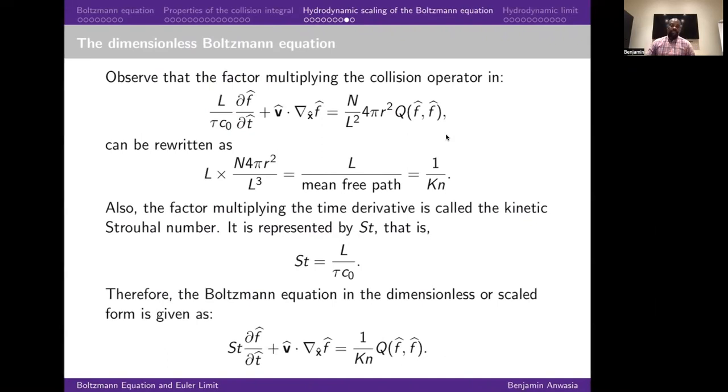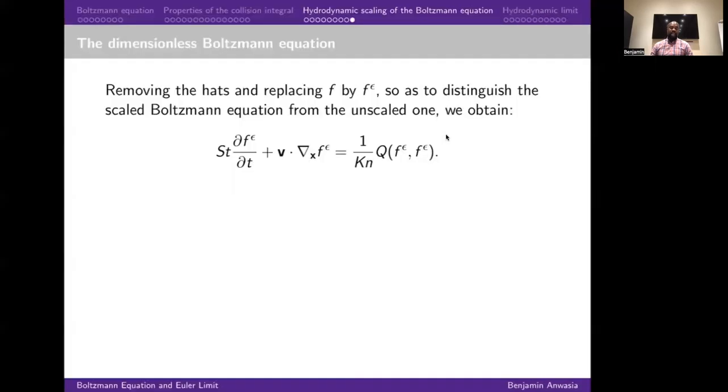Now, if we remove the hats and replace F by F epsilon so as to distinguish the scaled Boltzmann equation from the unscaled one, we obtain that the dimensionless form of the Boltzmann equation is given by this equation here.